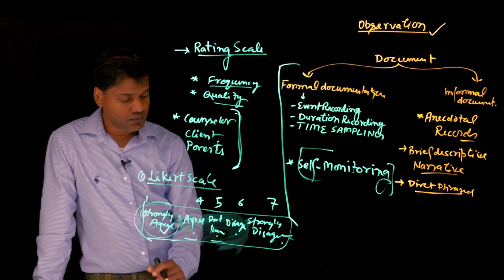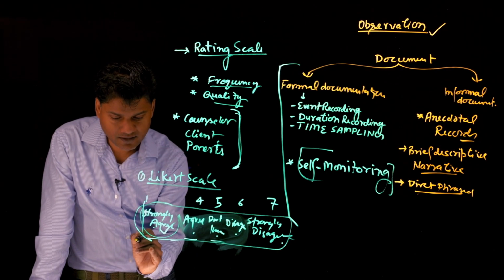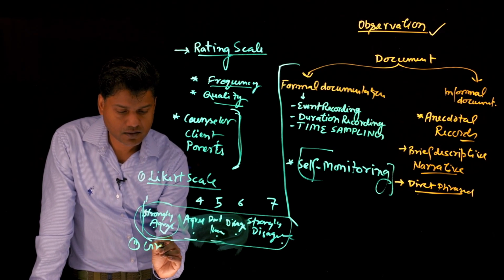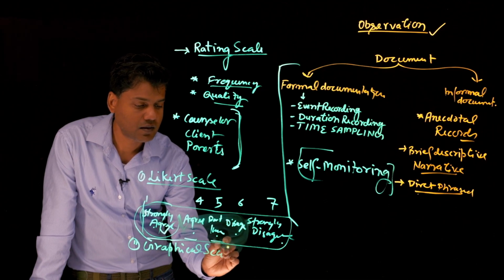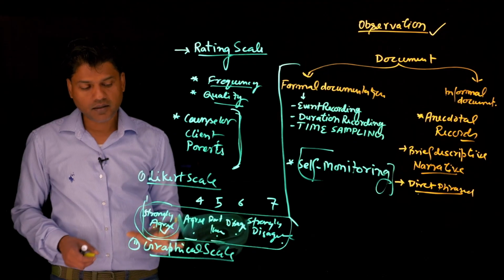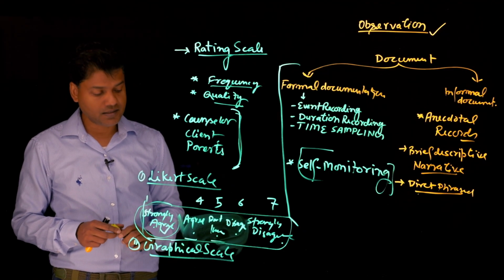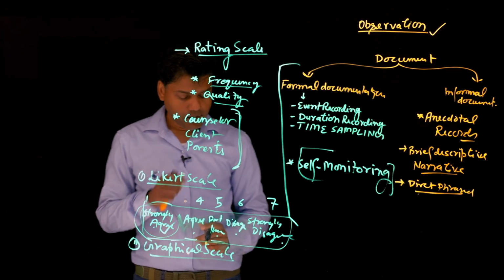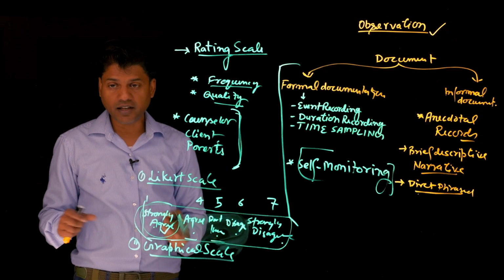The other one we call the graphical scale. What is a graphical scale? It's similar to a Likert scale, but it has a graphic to it, so that it's very easy for anyone to respond.